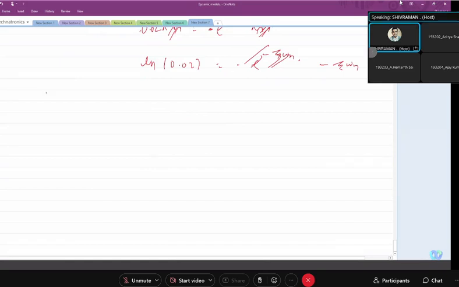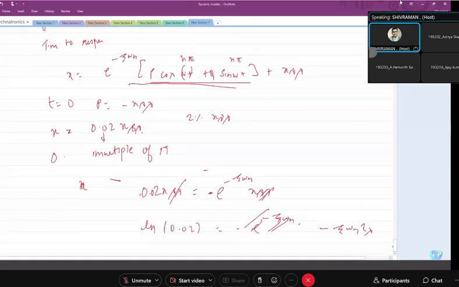So from here you will get omega n t, which is happening at ts. So ln 0.02 is equal to minus of damping factor into omega n into ts.